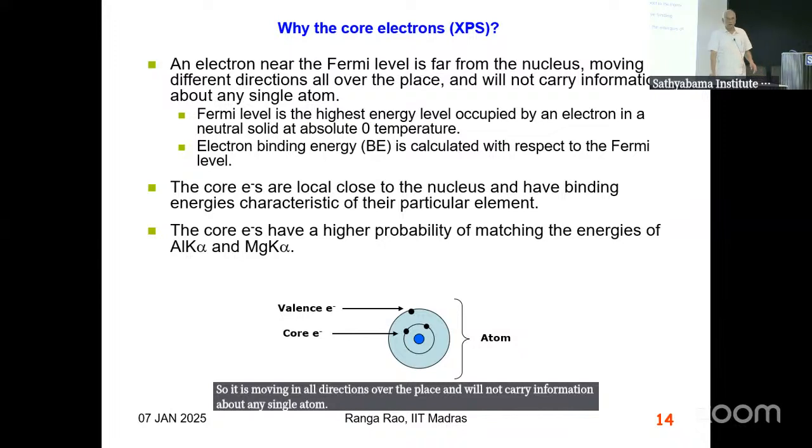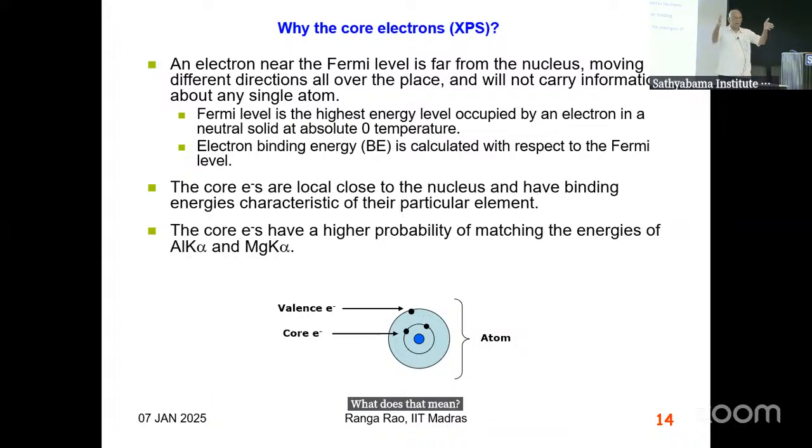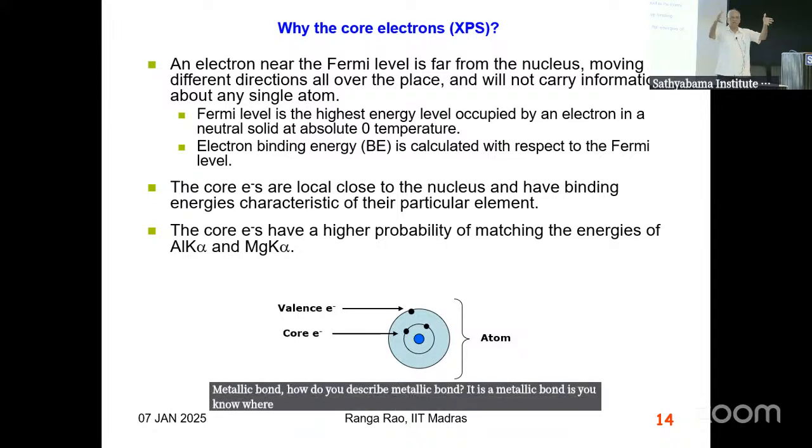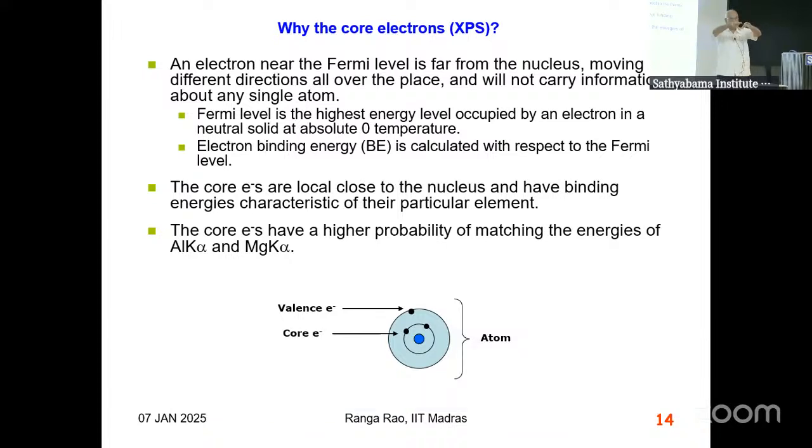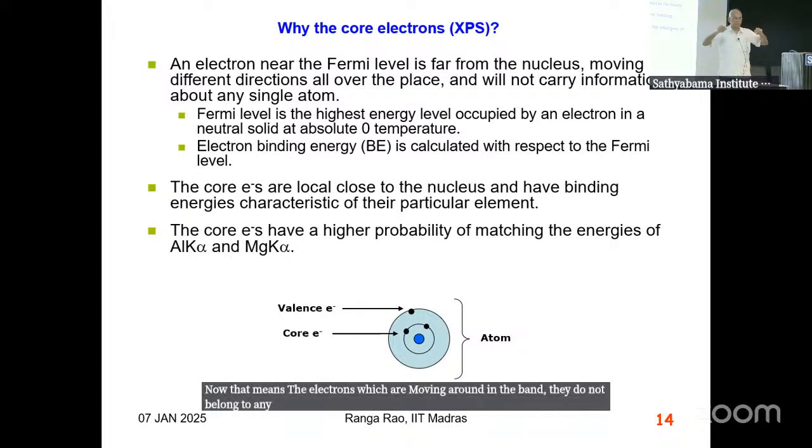What does that mean? You take a solid, a metallic solid, with a metallic bond. How do you describe a metallic bond? It's a sea of electrons where the ions are sitting inside. Now that means the electrons which are moving around in the band don't belong to any particular atom.